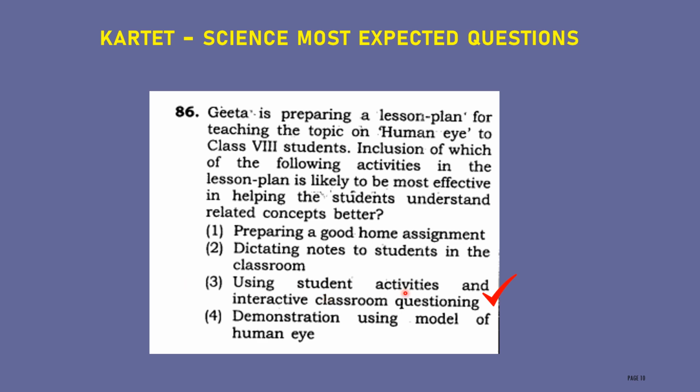Therefore student they will involve the activities. Then when they are doing the activities, even they will ask questions, then you can clear their doubts. Therefore this is the most effective method.